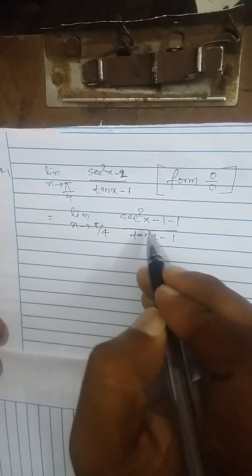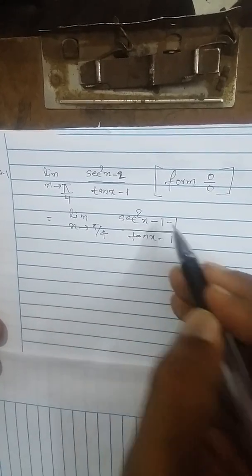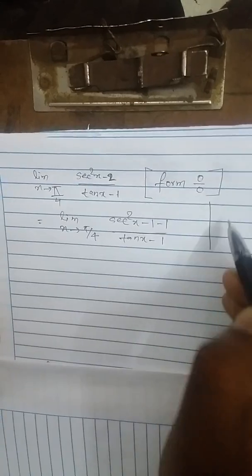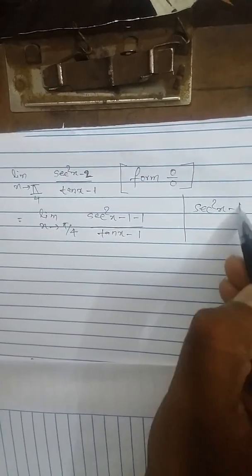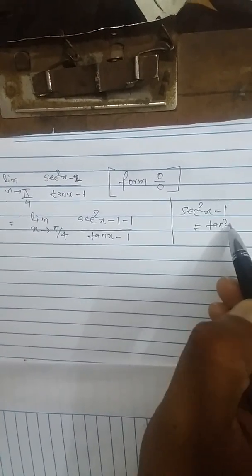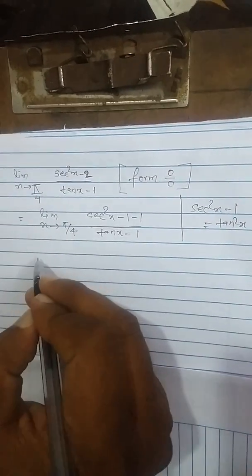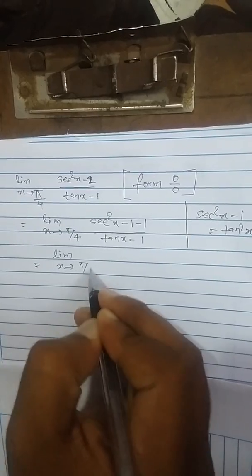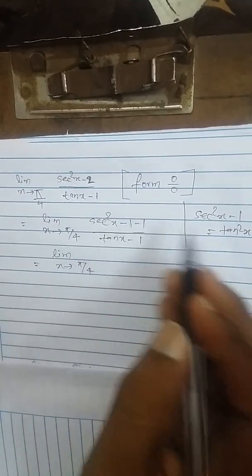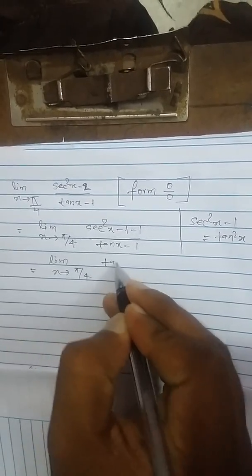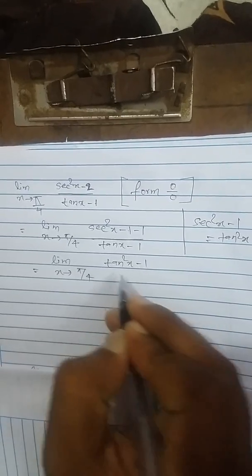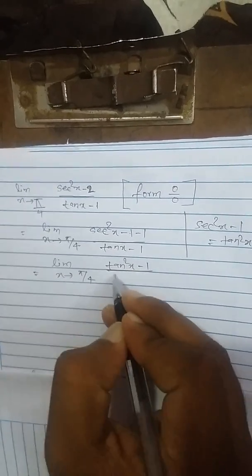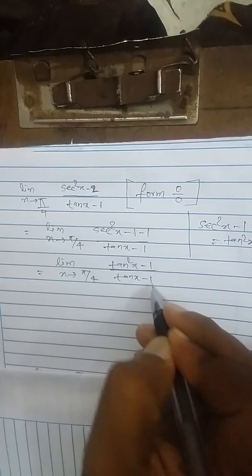We have done this because we have the formula for sec square x minus 1. We have studied that sec square x minus 1 is tan square x. We are going to use this formula here. So the result becomes limit x tends to pi upon 4 as it is, sec square x minus 1 can be replaced by tan square x minus 1 as it is, and denominator tan x minus 1 as it is.